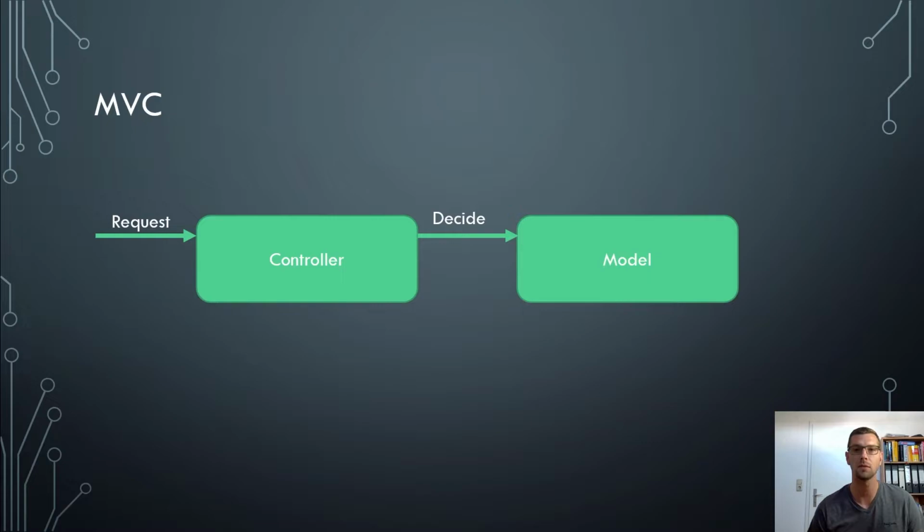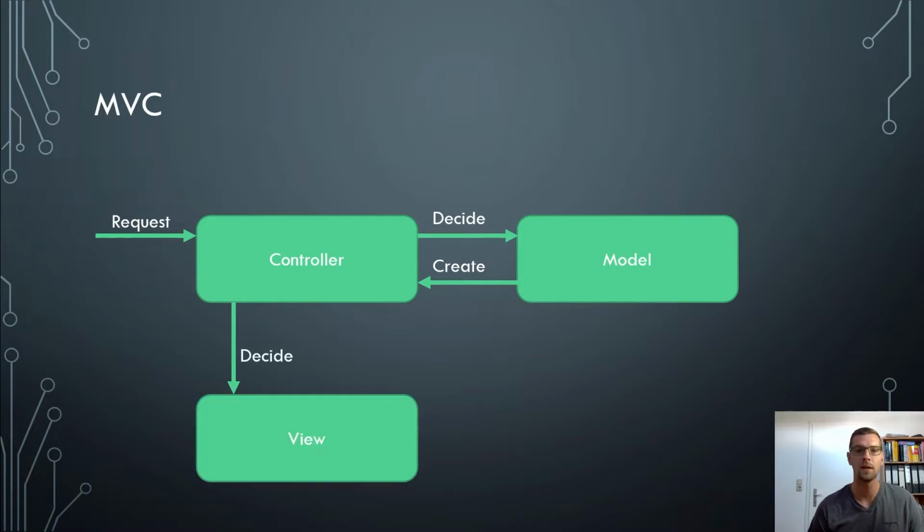So then the model will be created and given back to the controller, which uses this model and the knowledge from the request to decide what view to use. Well, so there, the view will be decided and then in the end created and given back to the controller.